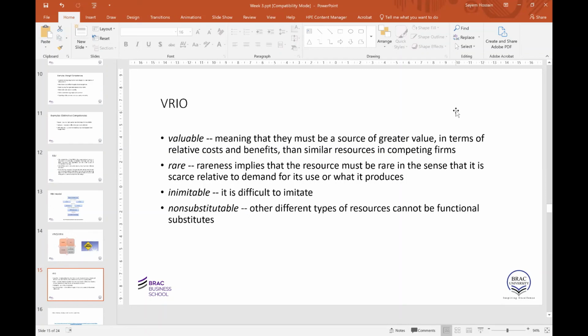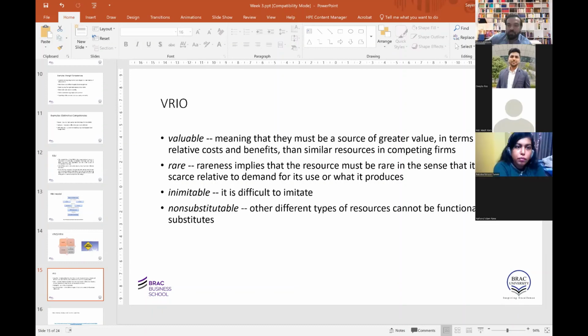Now, some rare qualities that other brands would not be able to offer in your product. So think about something that is very rare in your product. Let's think about some local products. Let's talk about Grameenphone. Why do we prefer Grameenphone when it comes to network?